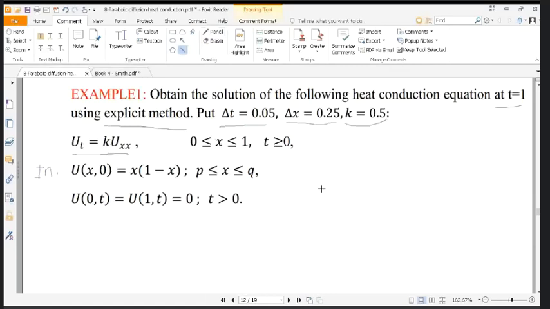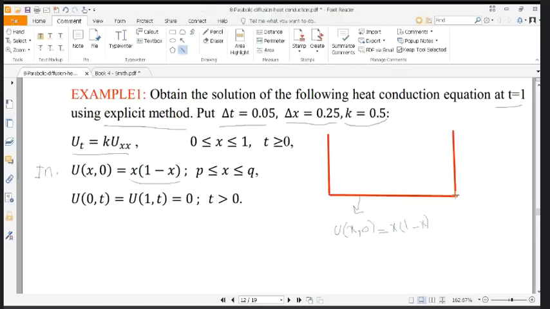For the boundary conditions, we have 0 at the left boundary and again 0 at the right boundary. The value of u at this boundary is u of 0 and t. For every t, the value of u is 0.